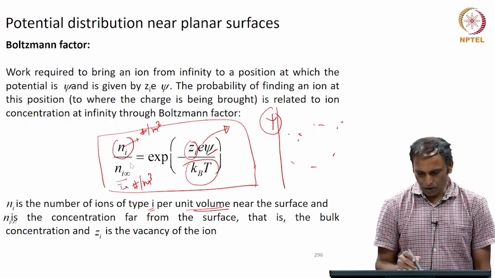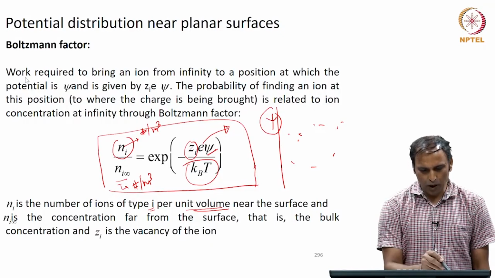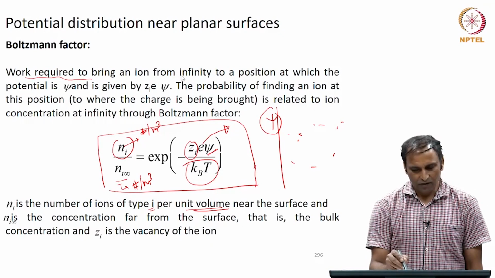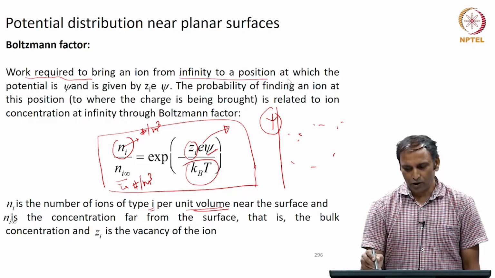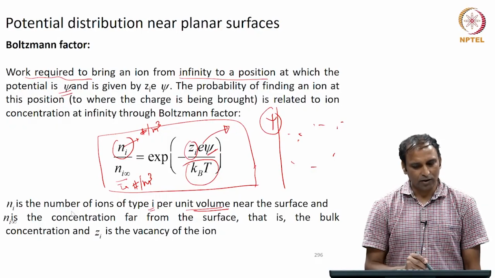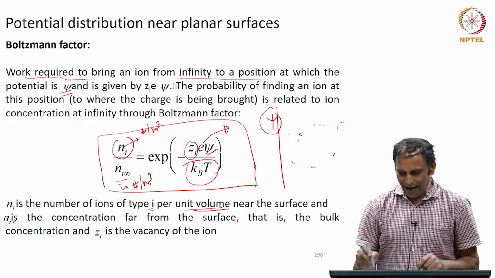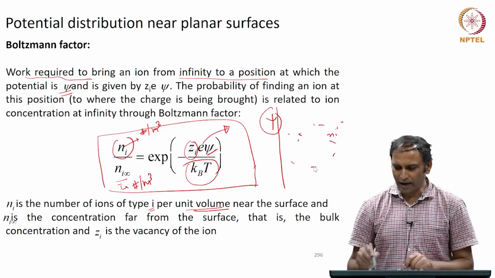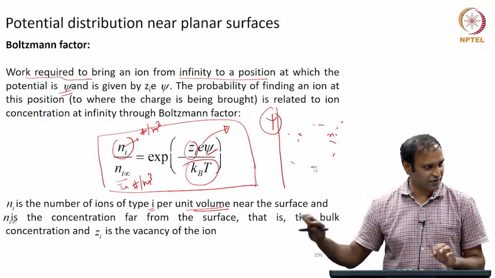What this tells you is the work required to bring an ion from infinity to a position at which the potential is psi. Say that I have an ion Ni at a distance very far away from the surface.